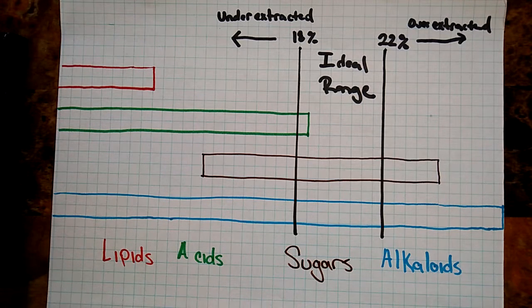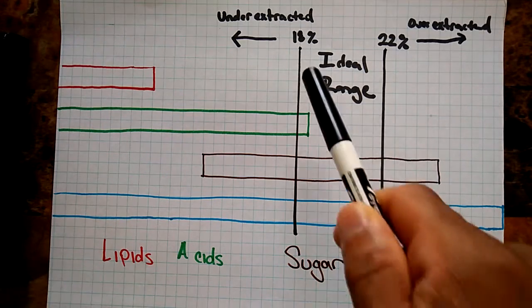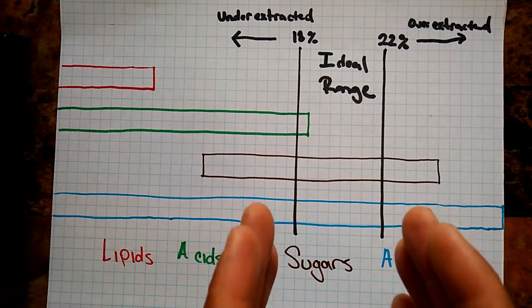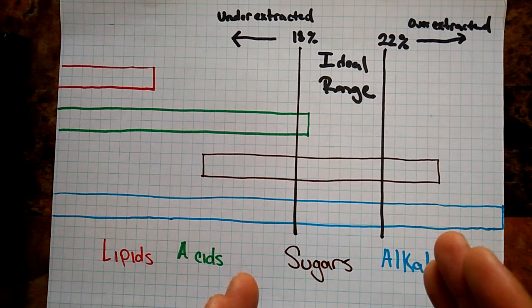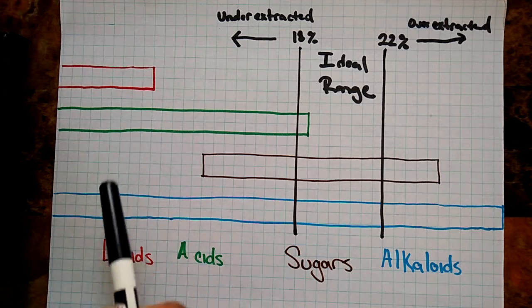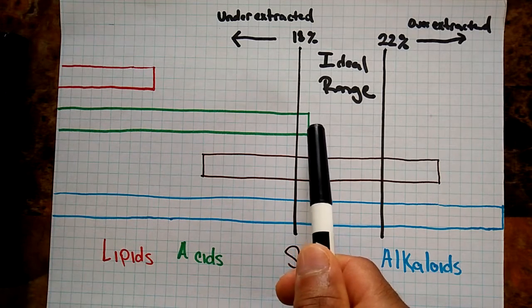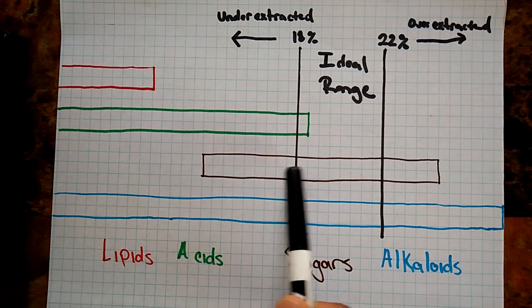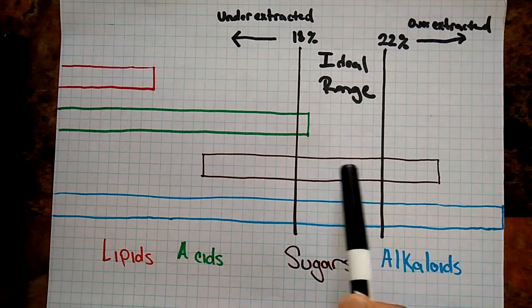And based on the actual weight that it takes away from it, between 18 and 22% will give you an ideal range of extraction. And what that means is essentially you've achieved all the lipids because they've come out, you've gotten all of the acids, and now you are developing sugars.